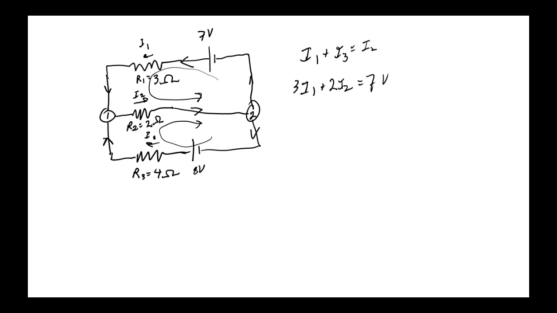I like that because it's less confusing. But the way they were talking, the direction you choose to go in the loop is arbitrary, you pick any direction.